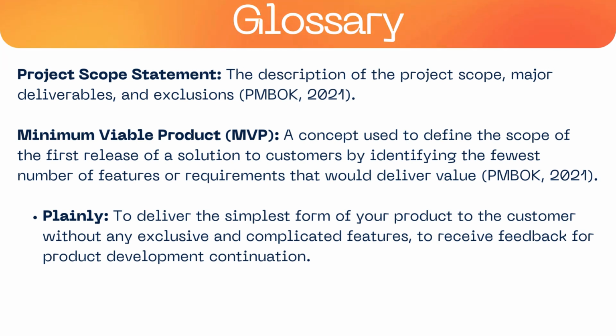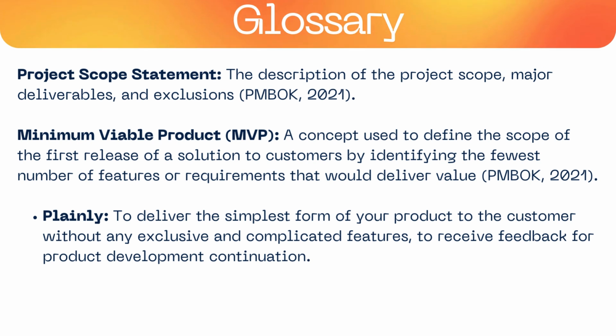Then your minimum viable product, the MVP, a concept used to define the scope of the first release of a solution to customers by identifying the fewest number of features or requirements that would deliver value. In simple terms, this is to deliver the simplest form of your product to the customer without any exclusive or complicated features, to receive feedback for product development continuation.